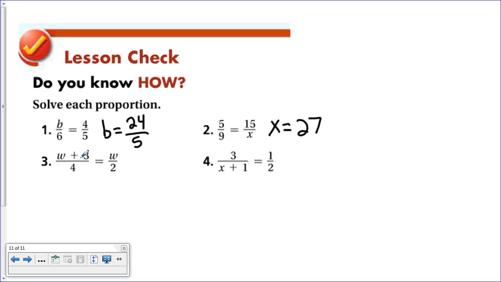This one would turn out to be w equals 3. And this one would turn out to be x equals 5.